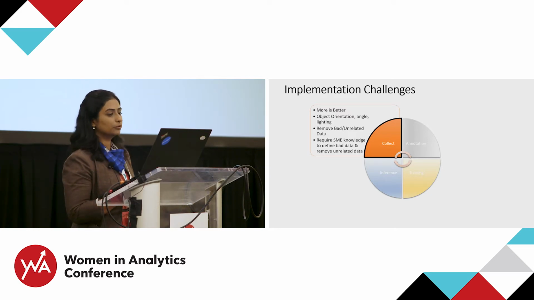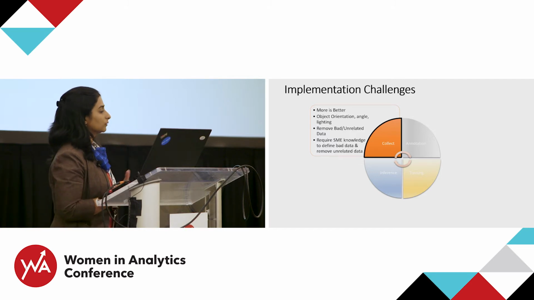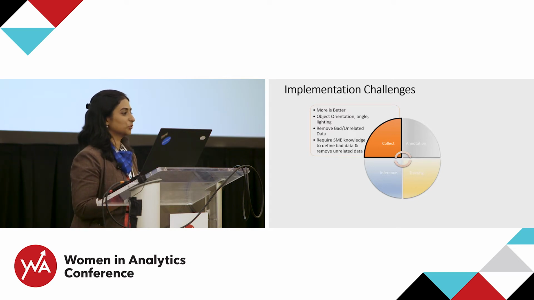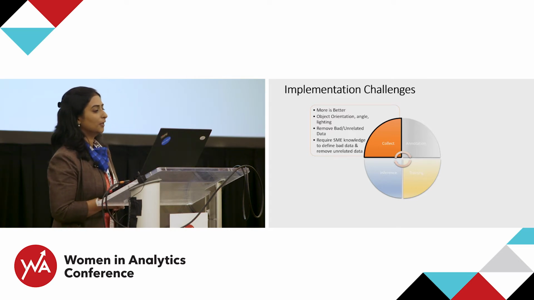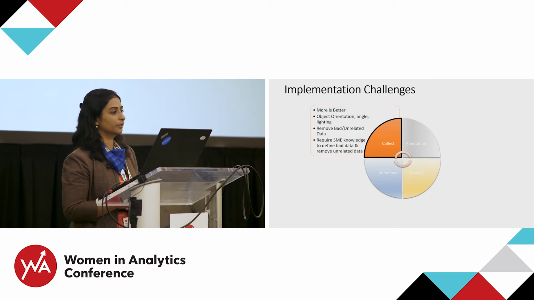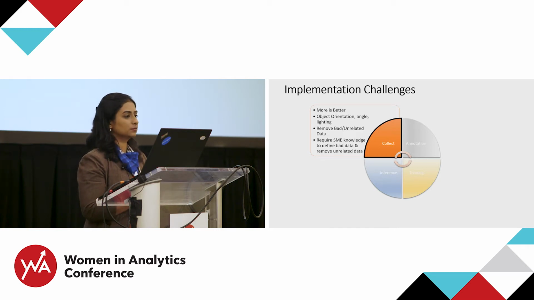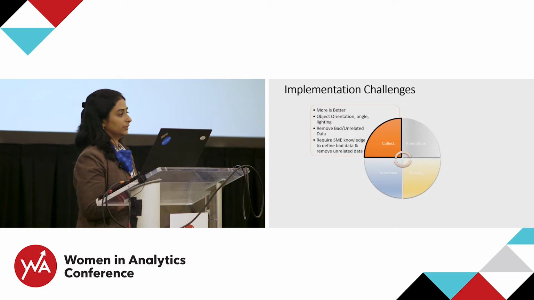The next thing is about removing bad and unrelated data. What determines bad data? For a simple grocery use case, it was very easy to know what is bad and what is good. Now imagine a use case on predictive maintenance of machines. You need to detect when the fault happens before the machine breaks down. For example, there is an electrical surge, and you're collecting all this data from different sensors on the machine.